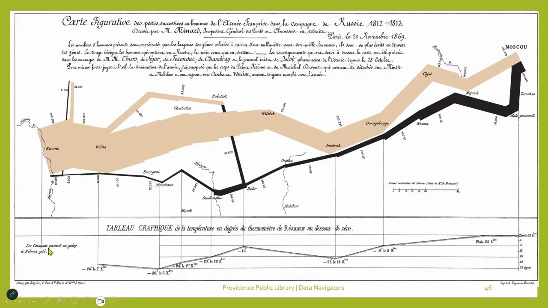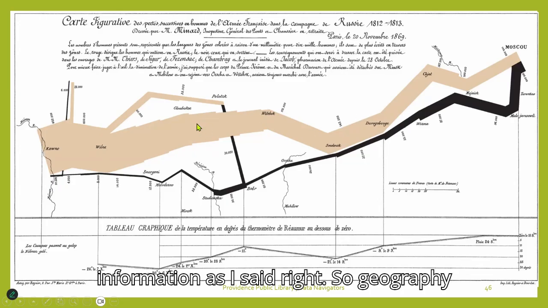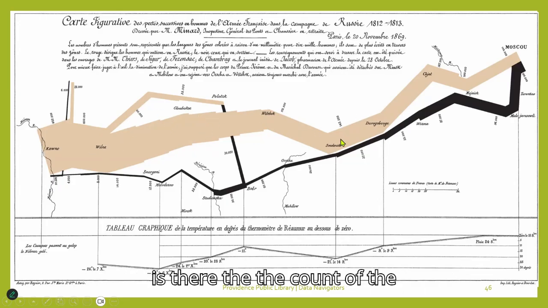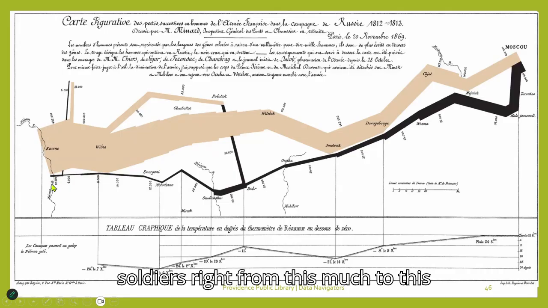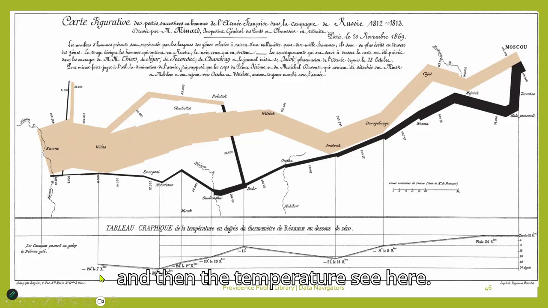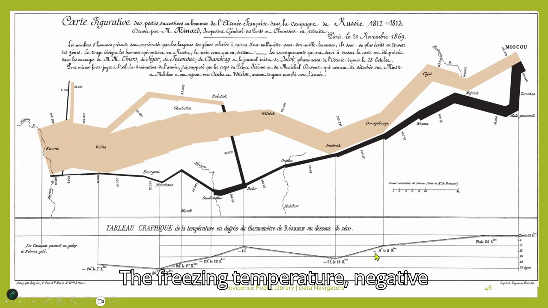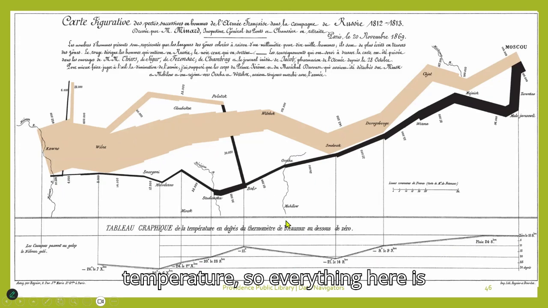And then how excellently he has attributed all the information, as I said. So geography is there, the count of the soldiers, from this much to this much, he attributed that very cleverly. And then the temperature, see here, the freezing, negative temperature, so everything he has attributed.